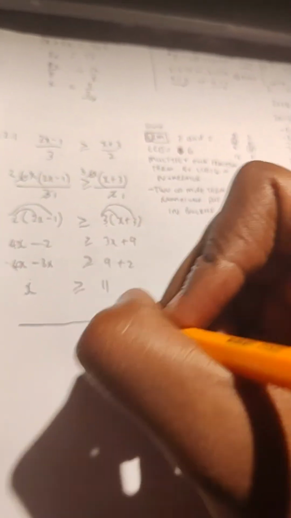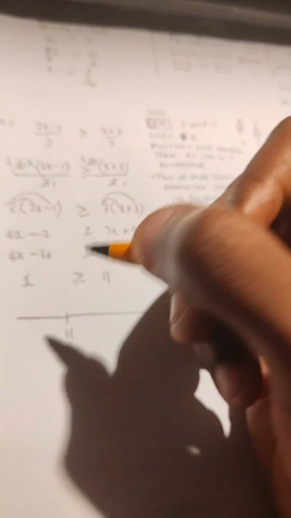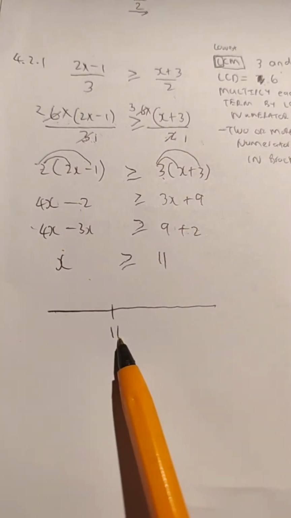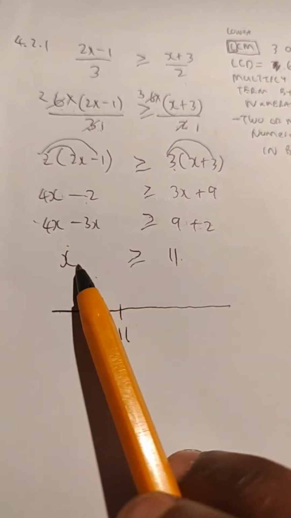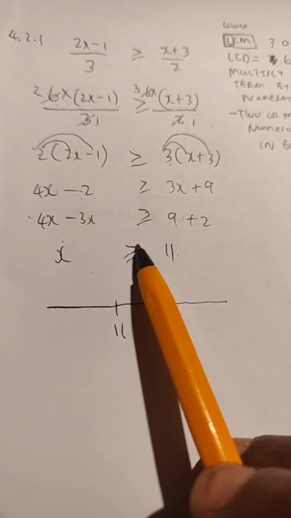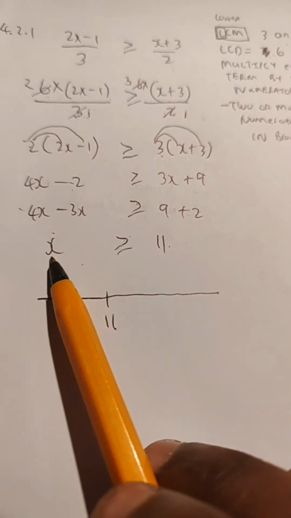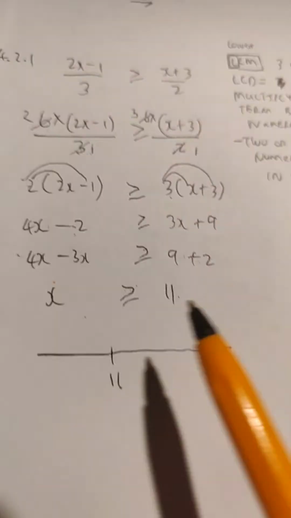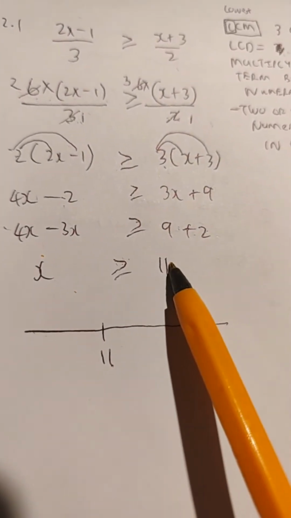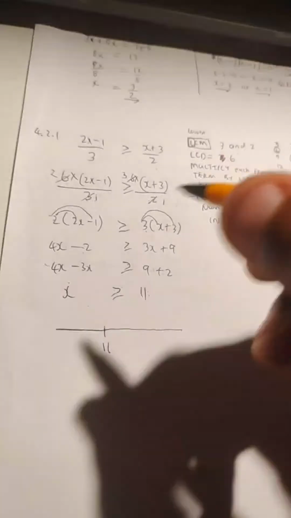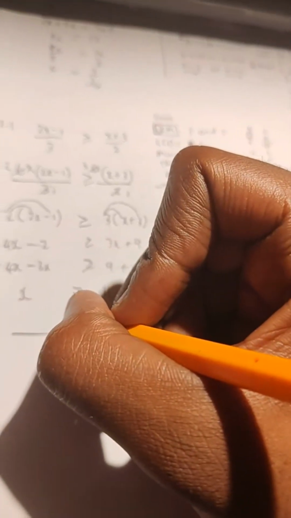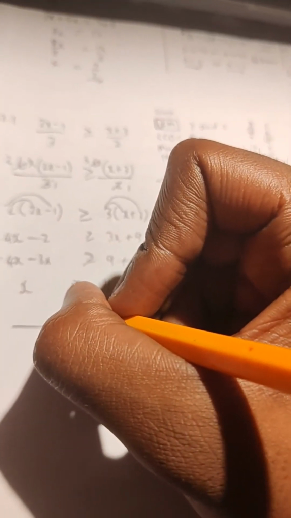So what we do is we draw a number line. We just put 11 there, okay? Because we are being told that x is greater, in other words, x is bigger. The values that satisfy this inequality are values that are bigger than 11. What does that mean? Real numbers. Remember they said x is an element of real numbers.